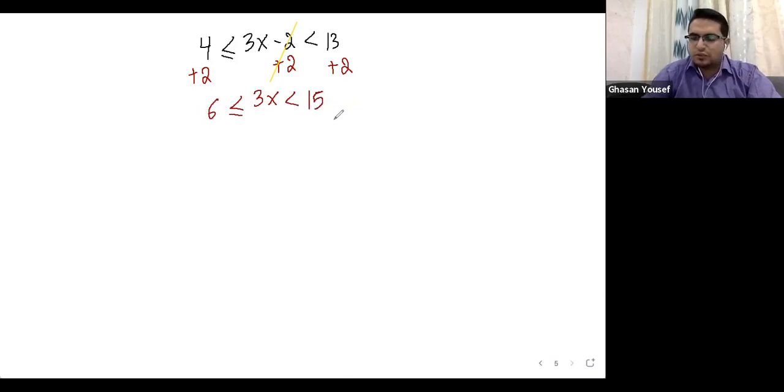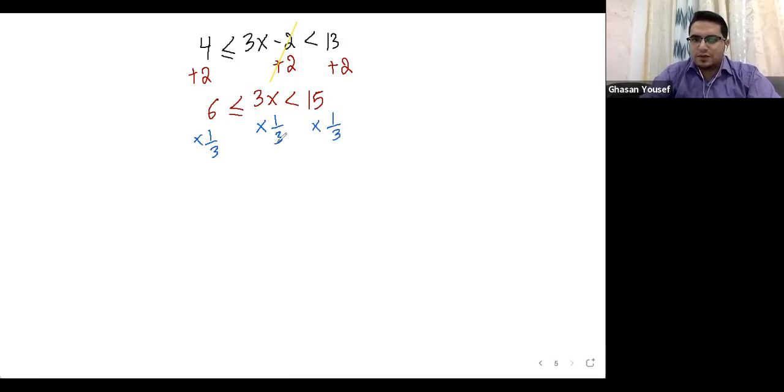Now, what should I do here? Divide by 3 or multiply all sides by the reciprocal of 3. What is the reciprocal of 3? 1 over 3. This is correct. So we multiply by 1 over 3 on all sides.